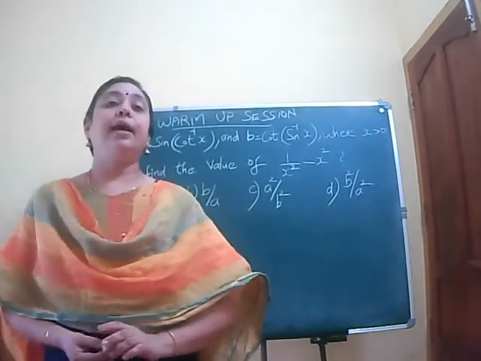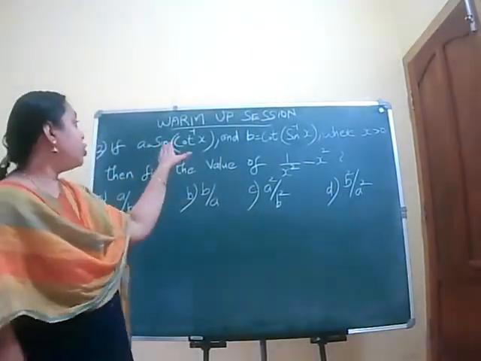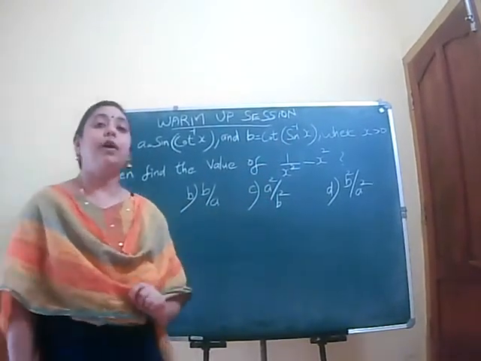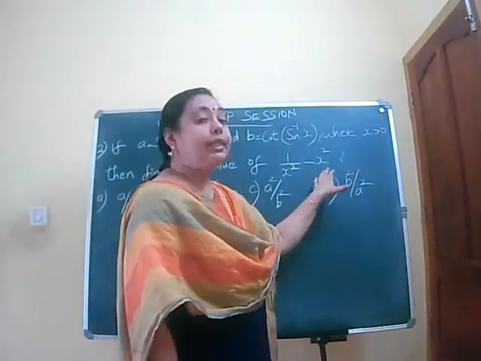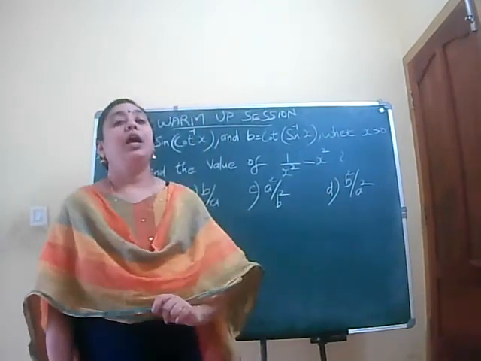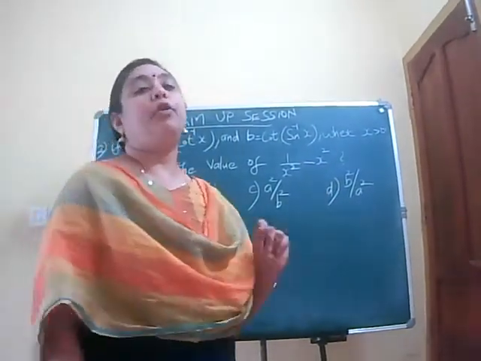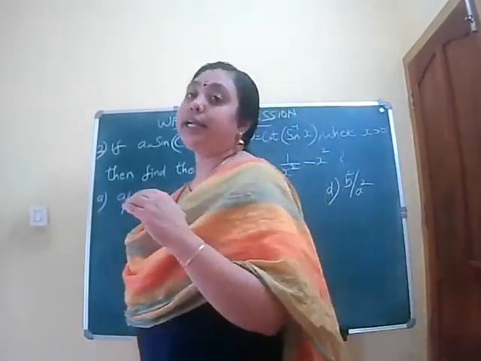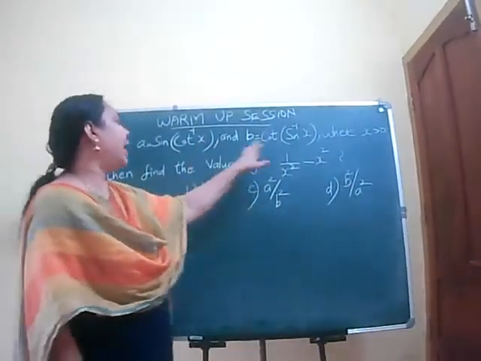Okay, here we are given two inverse trigonometric functions and we have to find out the value of this expression. In all of these type of problems, just take a substitution for the terms inside the bracket.